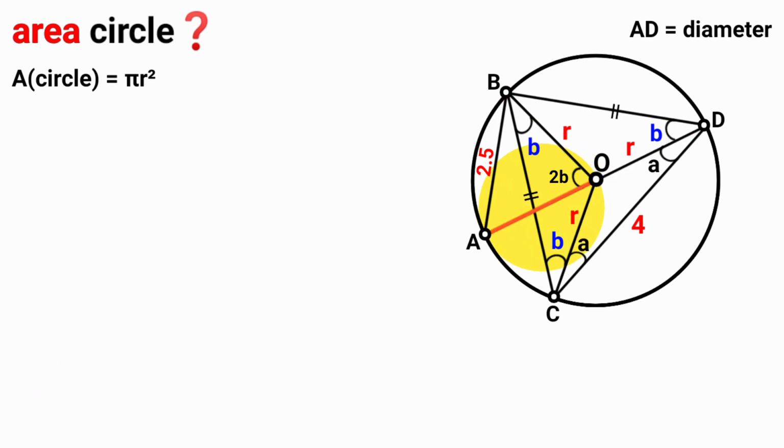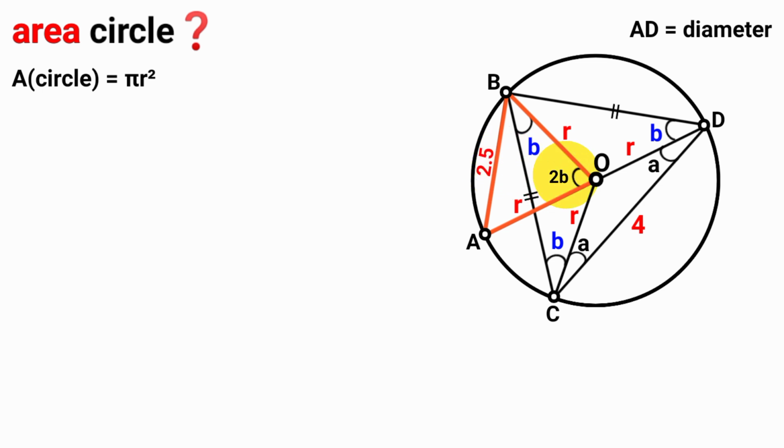This line AB obviously is also a radius R. We now look at this triangle AOB. It is an isosceles triangle. We have the length of this side and this side to be R, while this is 2.5 units.